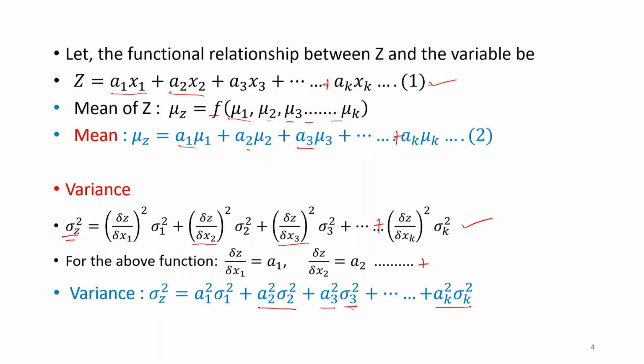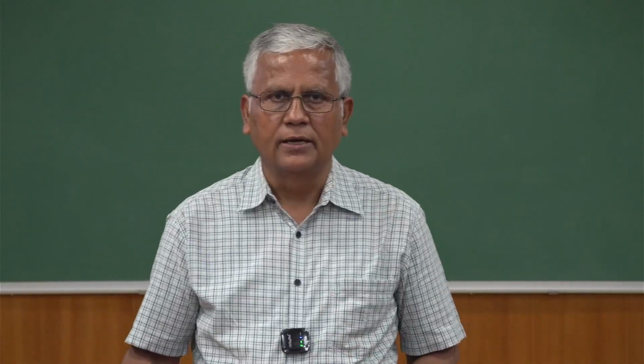That is how the variance of z is related to the variances of the variables x1, x2, x3 up to xk. So sigma 1 represents the standard deviation of x1, sigma 2 represents the standard deviation of x2, sigma 3 for x3 and sigma k for xk.